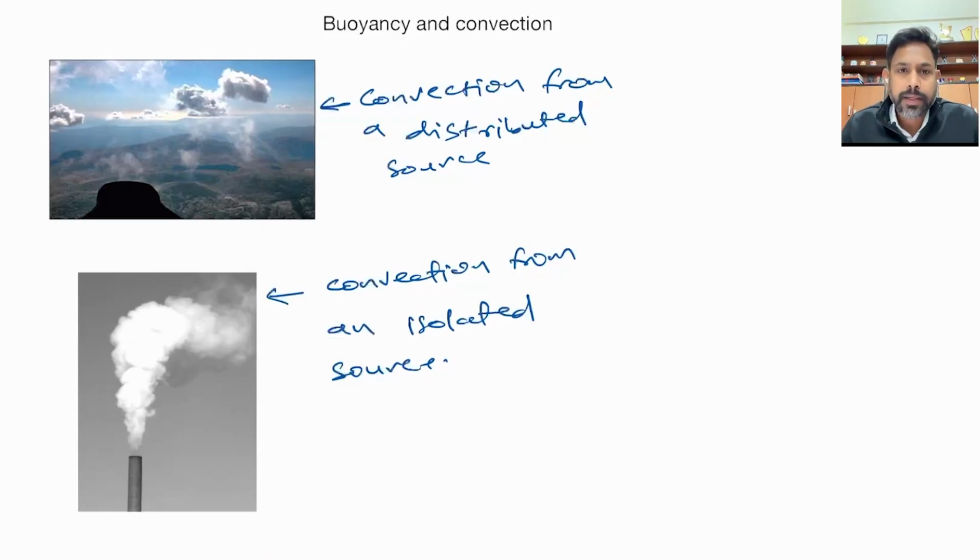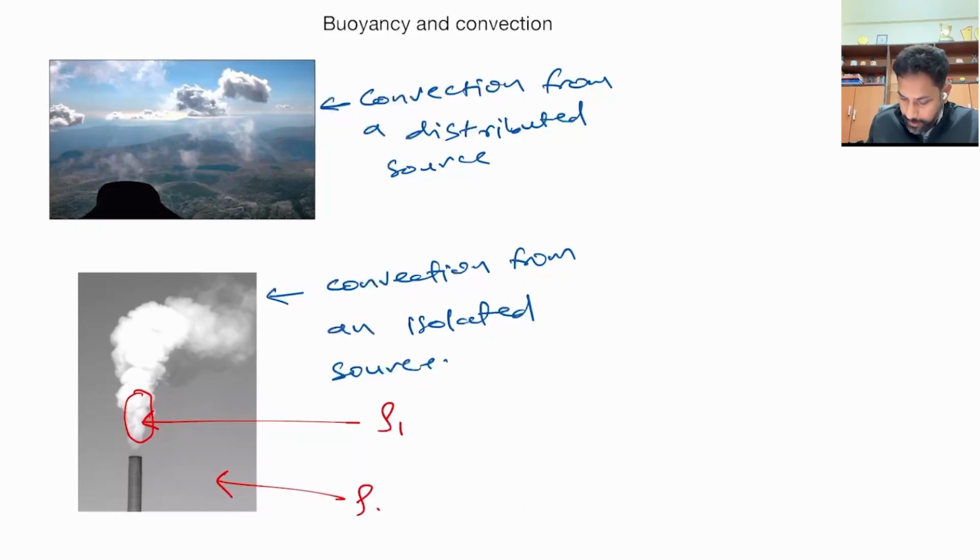So what is happening here? So the fluid that you see here in both the cases, this white fluid, let's say the hot gas that is here, it may have density rho 1 and the ambient may have density rho 2. So rho 1 is smaller than rho 2. So that's why there is this delta rho which is creating a buoyancy force in this hot fluid.